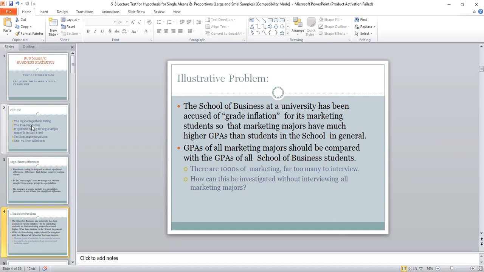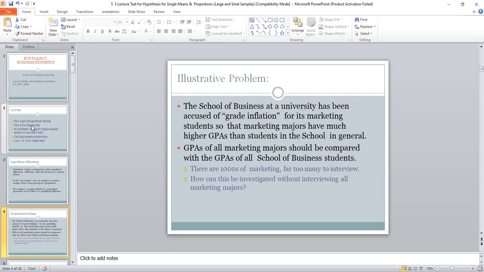Now, the registrar or the university cannot just accept that blanket claim by the student population. They can't accept, so they commission a researcher to check this claim about marketing majors.